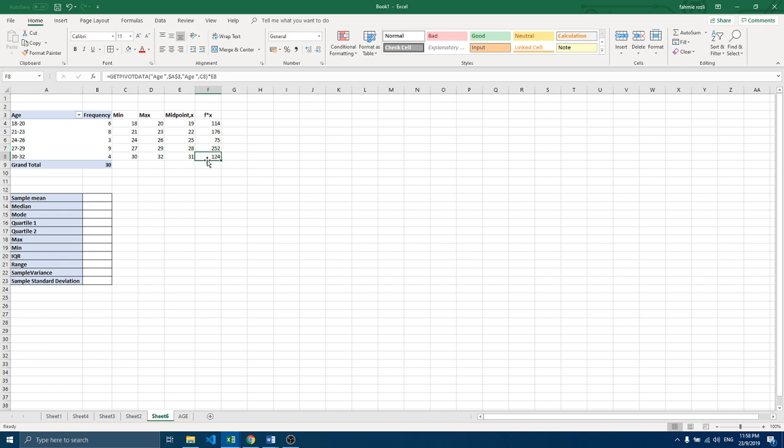And then you have to find the summations of f multiply with x. So how to find the summations? Highlight all, give one extra blank column, blank cells here, and click auto sum. Then total is 741. And next column, it's frequency multiply with x power of 2.